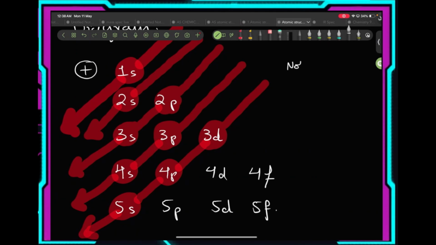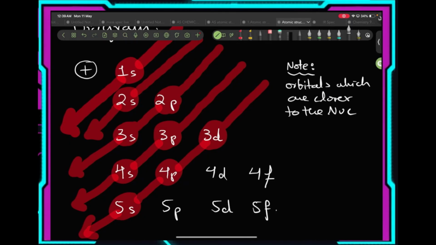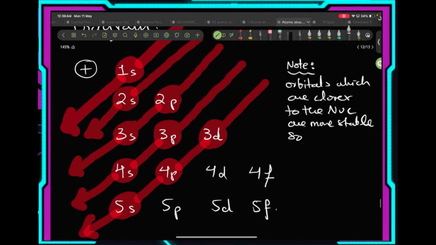So let's write some points over here. The first point is that orbitals which are closer to the nucleus have what kind of energy? They are more stable, so they have low energy.